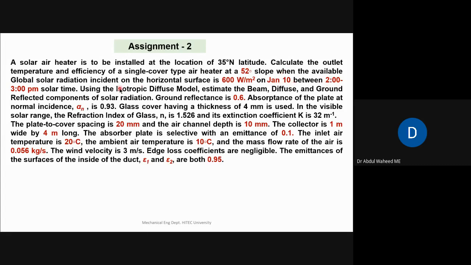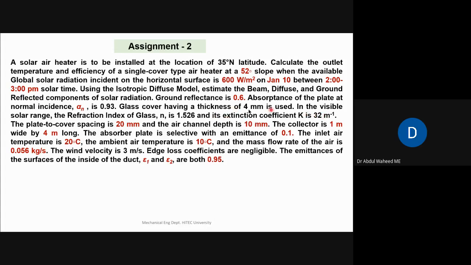And then using isotropic diffuse model, you have to find out first beam, diffuse, and ground reflected parts of this available radiation, total global radiation. Then you will calculate the tau alpha products, because ground reflectance is given, absorptance of the plate at normal incidence is given, glass cover data given, like its thickness, its refractive index is given, extinction coefficient given.